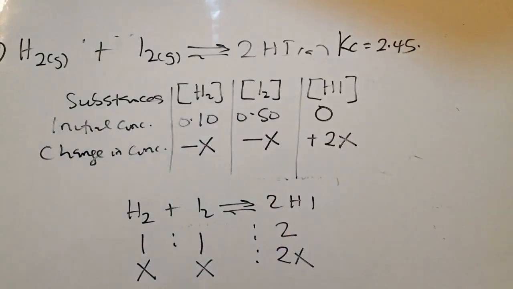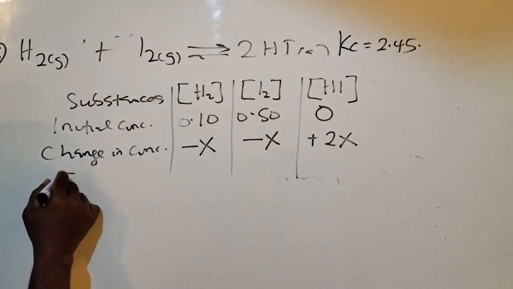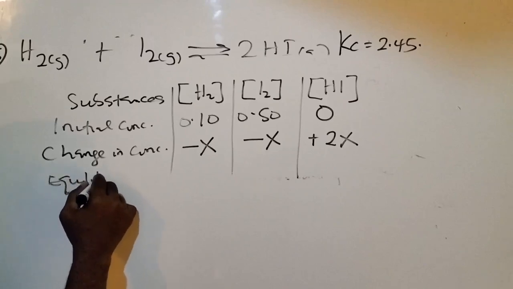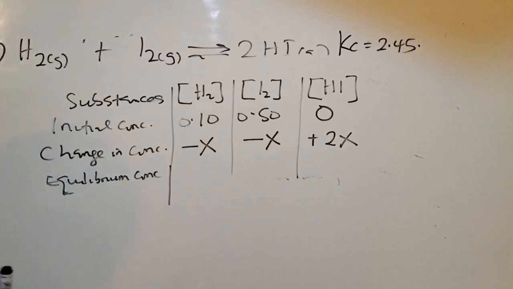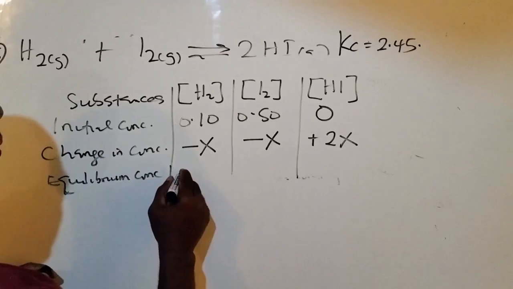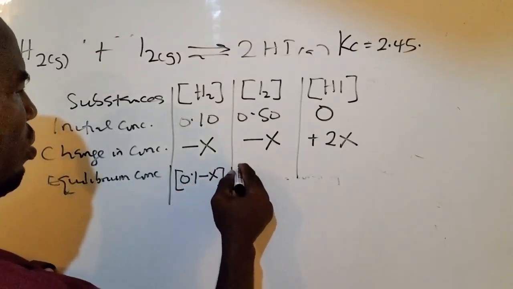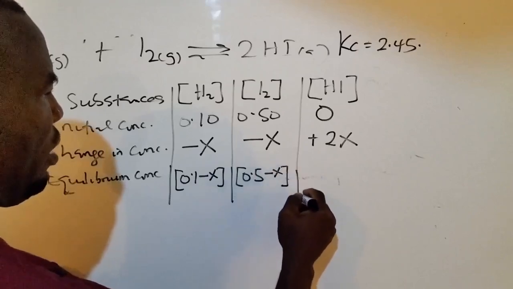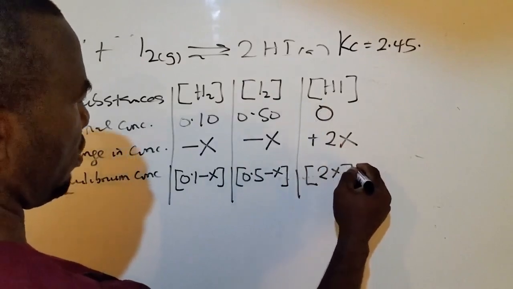Now we get the equilibrium concentration. At equilibrium, we subtract. It will be 0.1 minus S for hydrogen, 0.5 minus S for iodine, while for hydrogen iodide it is 2S plus 0, which gives the same 2S.